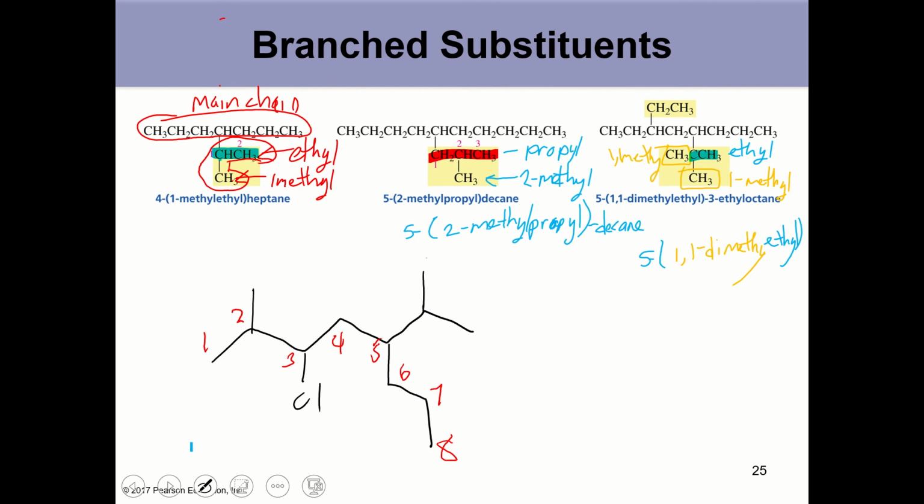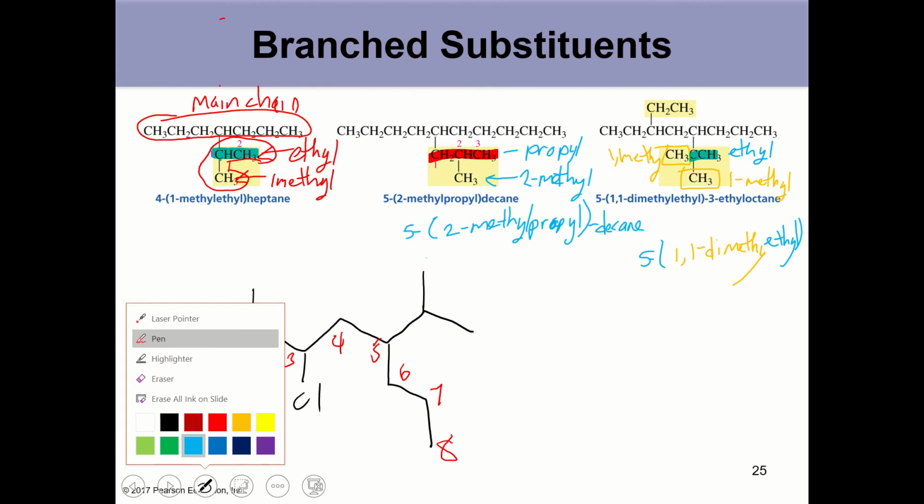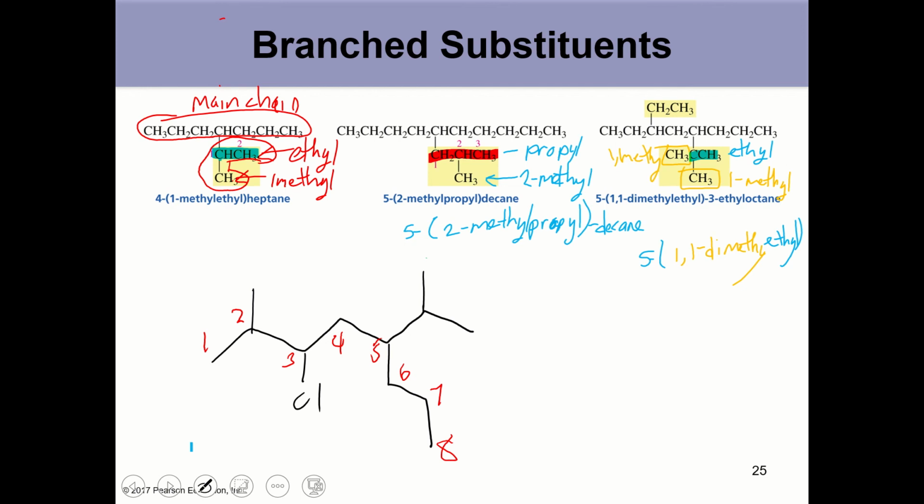Okay, so then I have an example from the previous slide that we were looking at. The longest chain is 8 carbons. We have a substituent at carbon 2, which is methyl. A substituent at carbon 3 that is chloro. And then a substituent at carbon 5, which is branched.